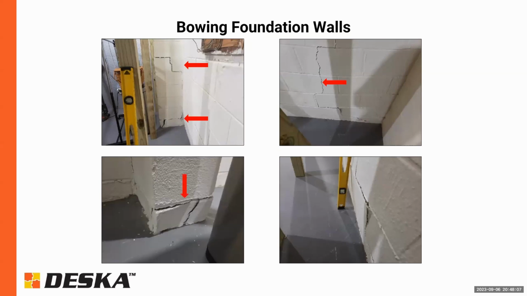And then you can see in the bottom left corner, there's some shearing there. And then the bottom right corner, when a level is held plumb on the wall, you can really see how bad that wall is. This wall in particular was bowed in a little bit more than 3 inches. Typically, that would put you in the replacement category.